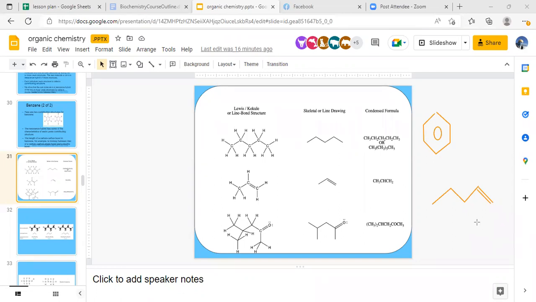C3H10 or C7H14? C5H10, because it's an alkene.